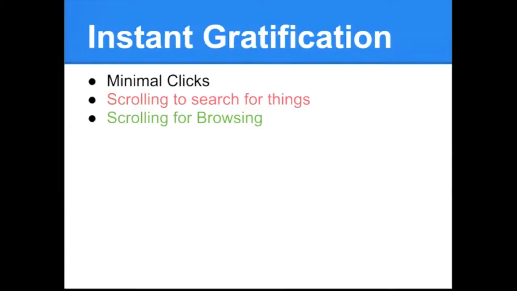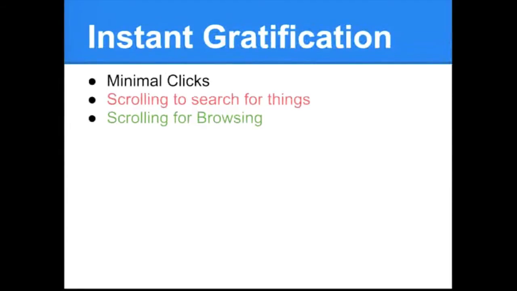Okay? Scrolling to search for things, I try not to make things so that I don't want to scroll down 100 times just to find something on the page. Okay. But if you've created a library of options, then browsing is okay.